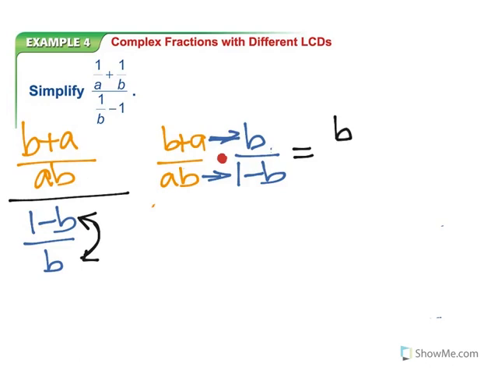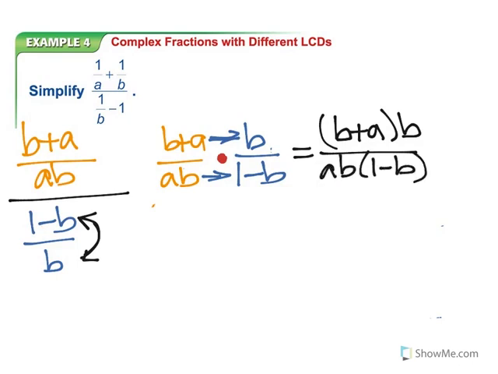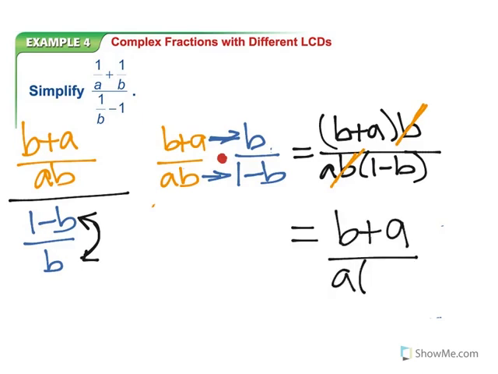So we get b plus a times b over ab times 1 minus b. And looks like there's a b on the outside here and a b on the outside, so we can actually cancel those. And that means that our answer is going to be b plus a divided by a times 1 minus b.